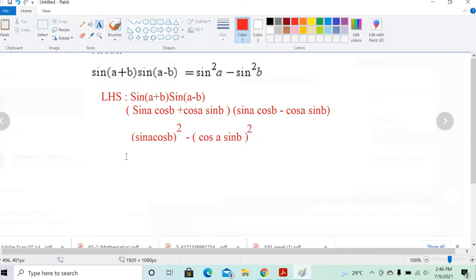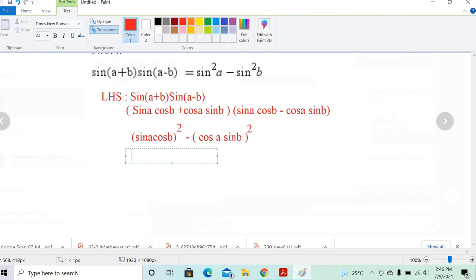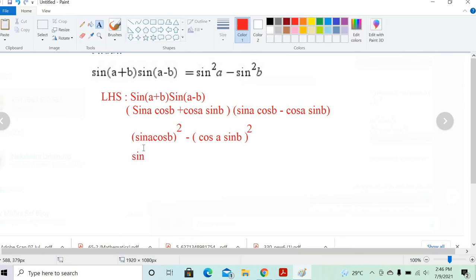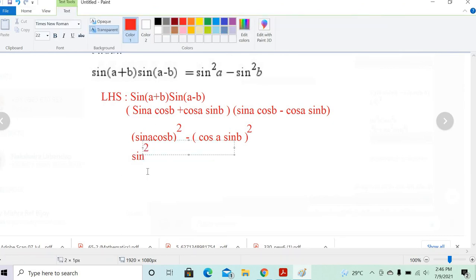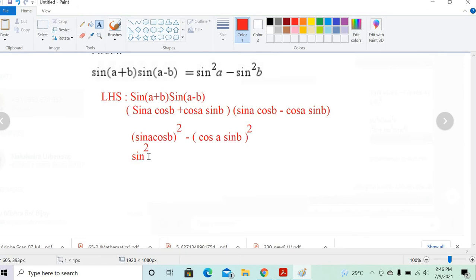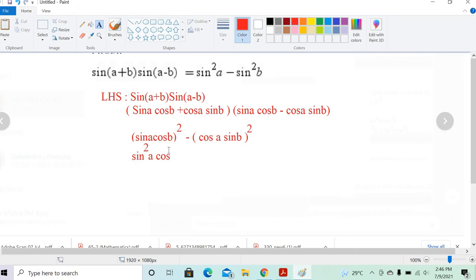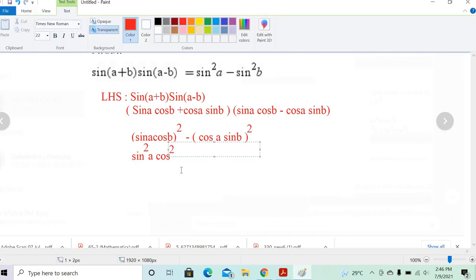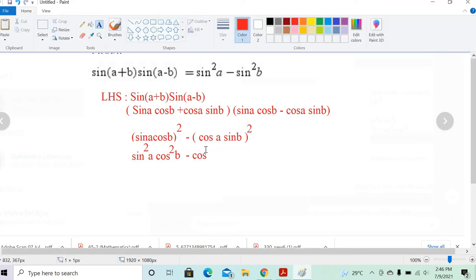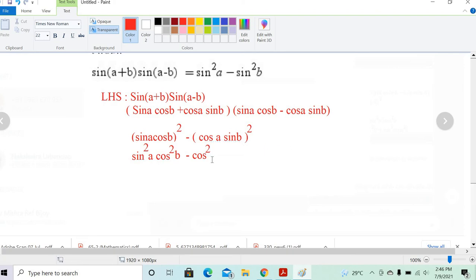Yes. Now we'll expand again, so it becomes sin square a cos square b minus cos square a sin square b.